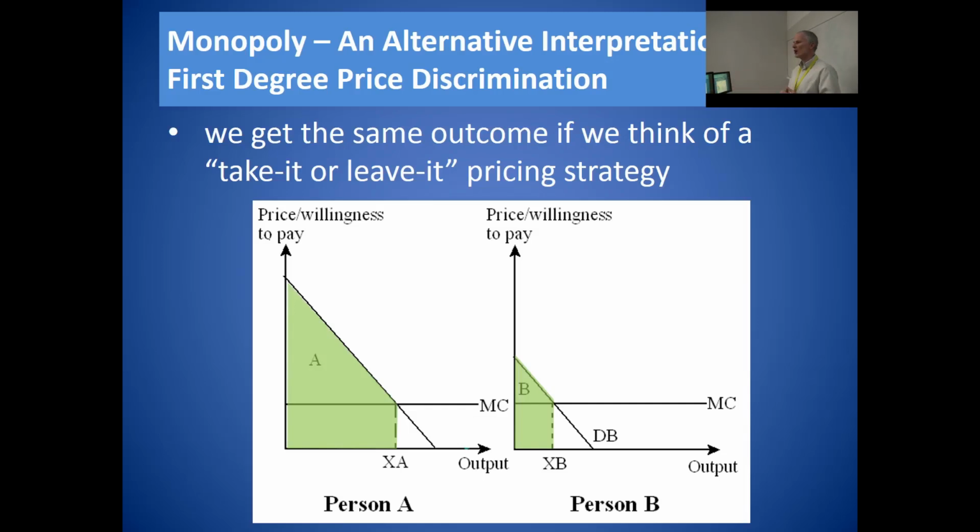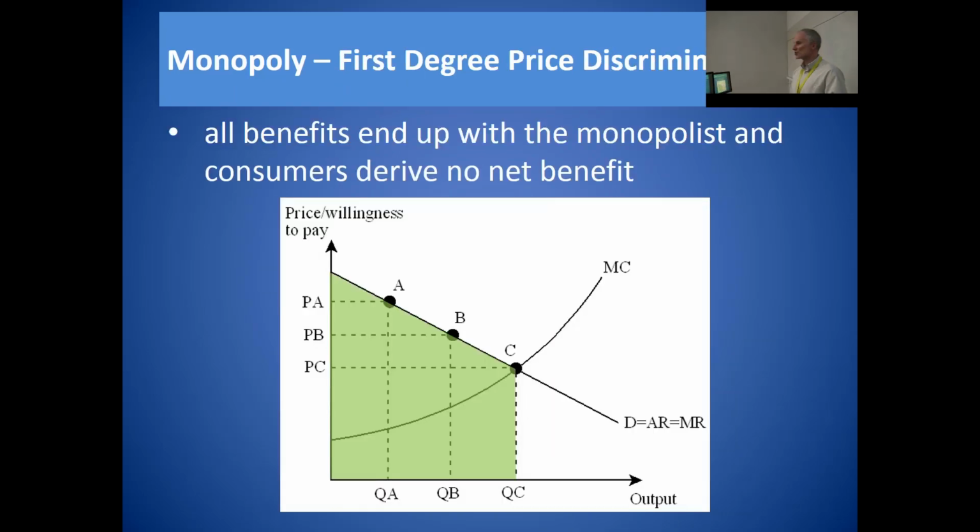So if you look at these two diagrams here, that is exactly the same as that diagram there. Here, we've got a single market, and the total price charged is equal to the total willingness to pay.